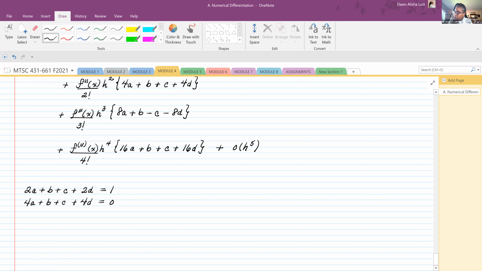And then the next one is 8A plus B minus C minus 8D is 0. And then the last one is 16A plus B plus C plus 16D is equal to 0. And thank goodness we all know linear algebra.